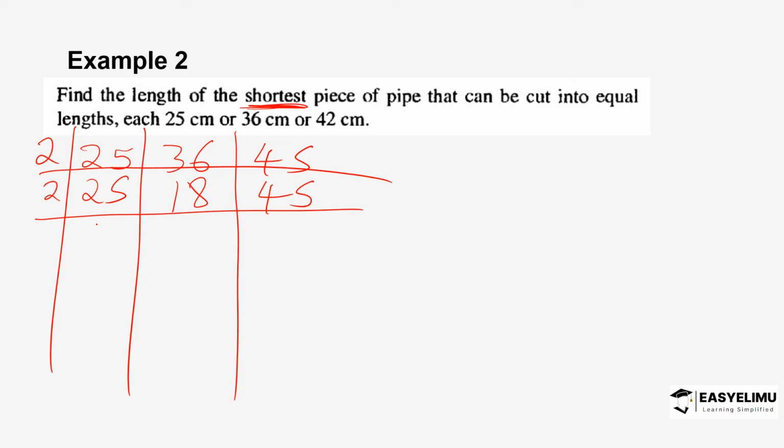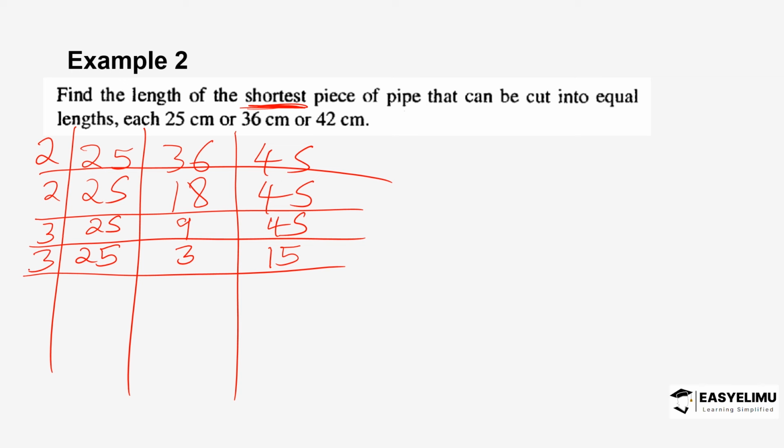So 2 again, 25 not divisible, 18 divided by 2 is 9, 21 not divisible. 3, 25 not divisible by 3, 9 divided by 3 is 3, and 21 divided by 3 is 7. 3 again, 25 not divisible by 3, 3 divided by 3 is 1, and 7 not divisible. So I'm going to use 5. So 25 divided by 5 is 5, 1 not divisible by 5, and 7 is not divisible.